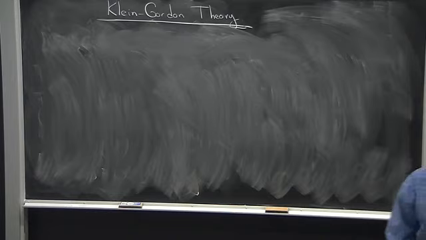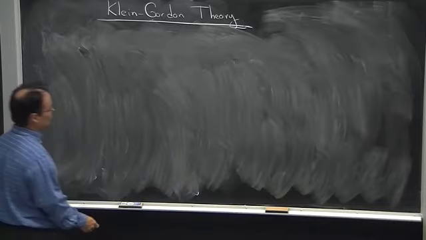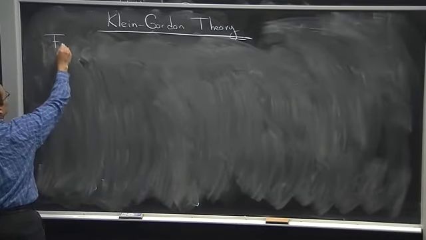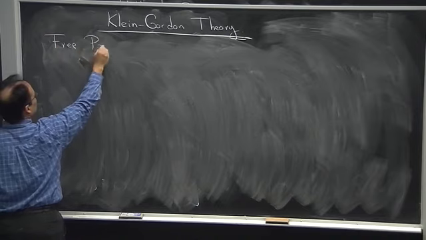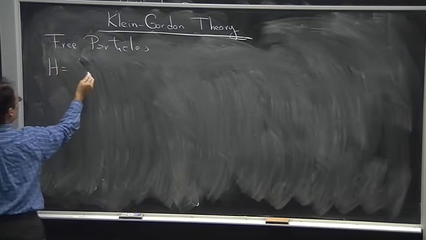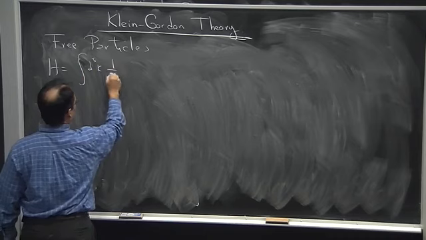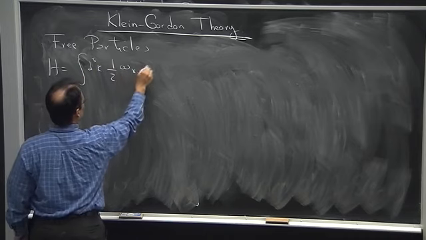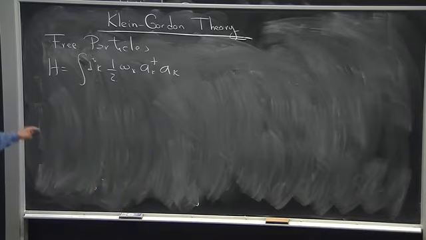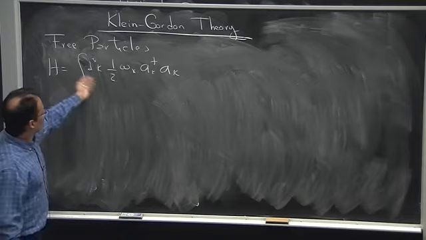Okay, so let's go on and discuss the Hilbert space, as we were trying. So we have our Hamiltonian, which is an integral d3k. Let's forget about the vacuum energy and just write our Hamiltonian here. This looks complicated, I mean, it's a continuous system.